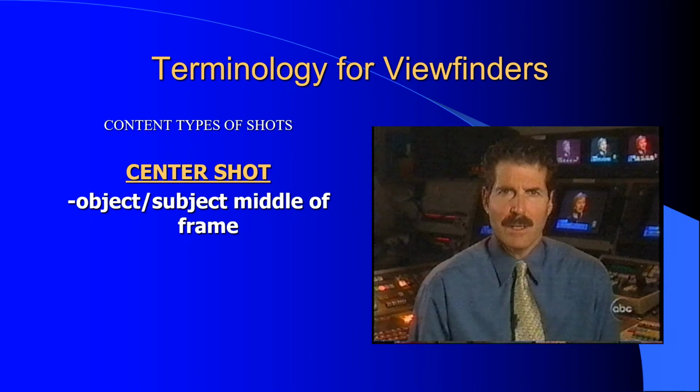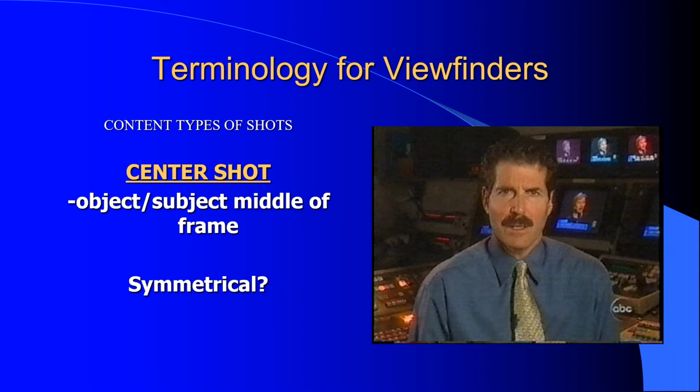First is the center shot, and the idea here is that the object is in the middle of the shot, and what you're looking for is a level of symmetry. Symmetry, of course, is that if you took this shot and folded it in half, it would be almost identical on both sides.